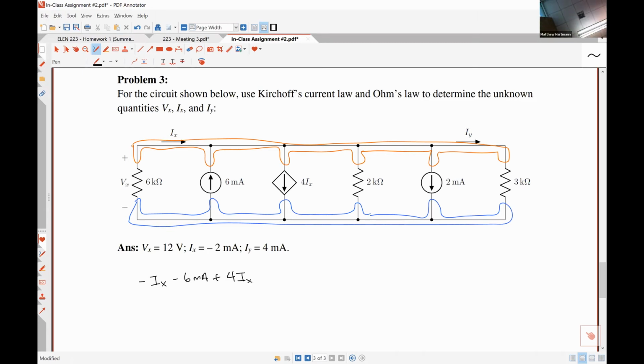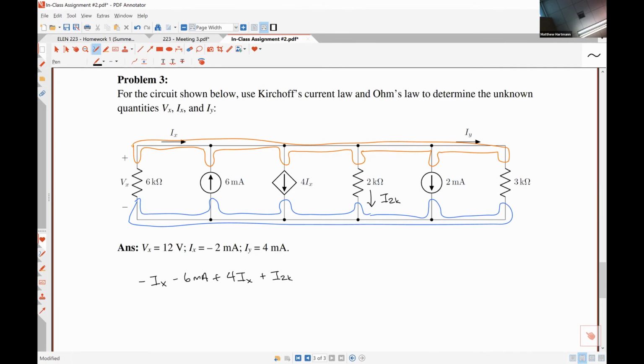This 2 kilo ohm resistor, some current is going to flow through it, but I haven't really specified anything yet. So I'm going to create a current with direction down, and I'm going to call it I2K. Since it's exiting, I'll count it as positive.